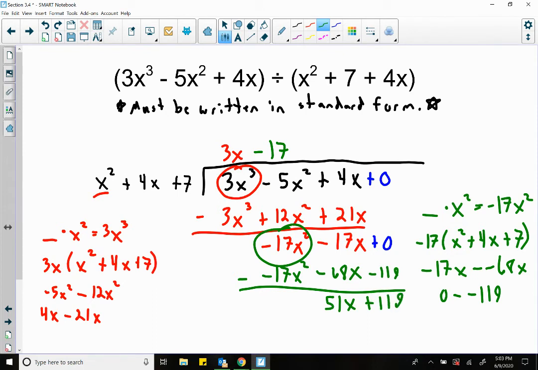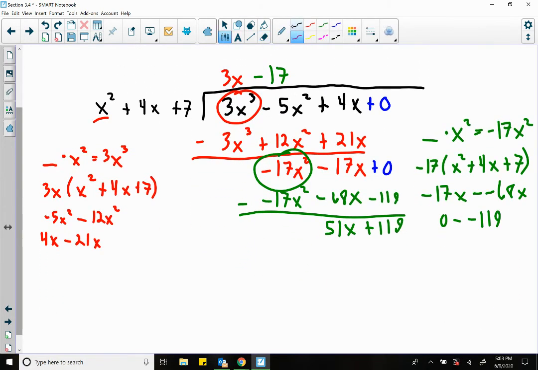And that's where you're going to stop. Because the next step, you're going to try and get rid of 51x. So you're like, what times x squared gives me 51x? And there isn't anything, because I can't take x squared and go backwards to just a regular x. It's not going to happen.